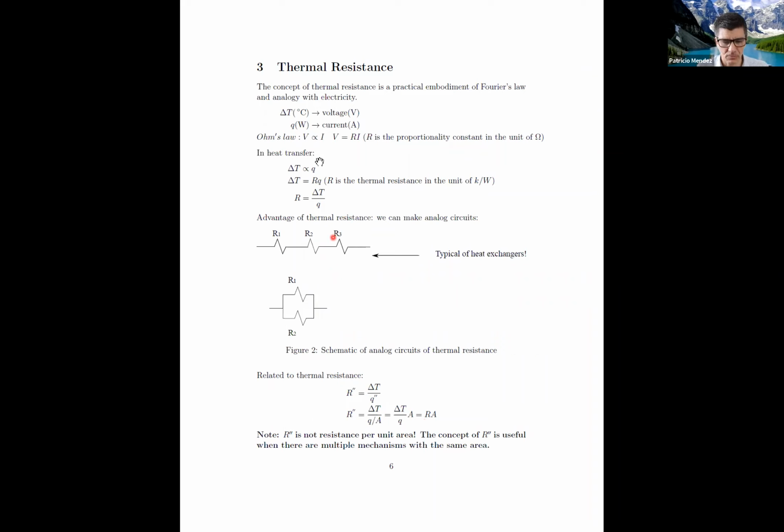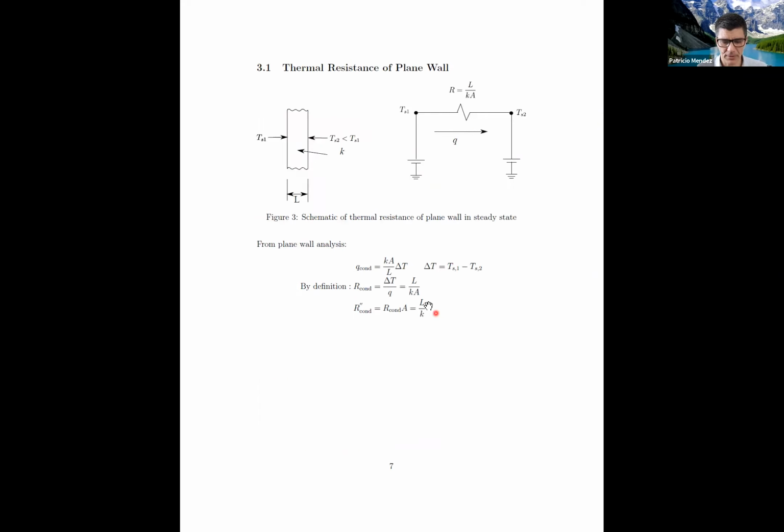So we define the concept of thermal resistance, and we use R to name that thermal resistance. And for the case of a wall, the thermal resistance was L over kA.